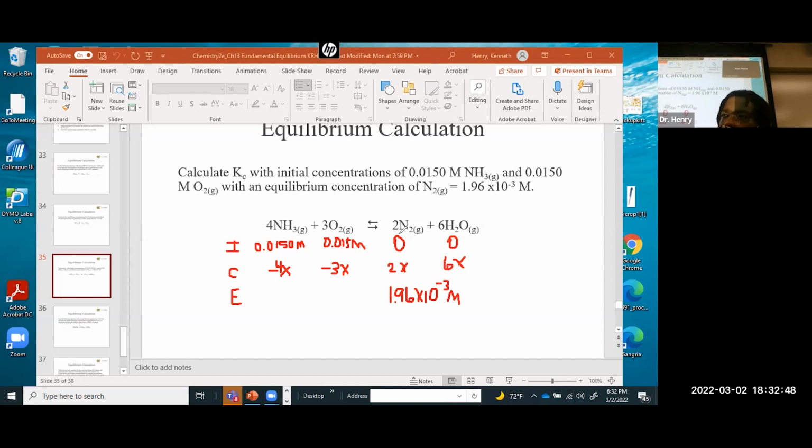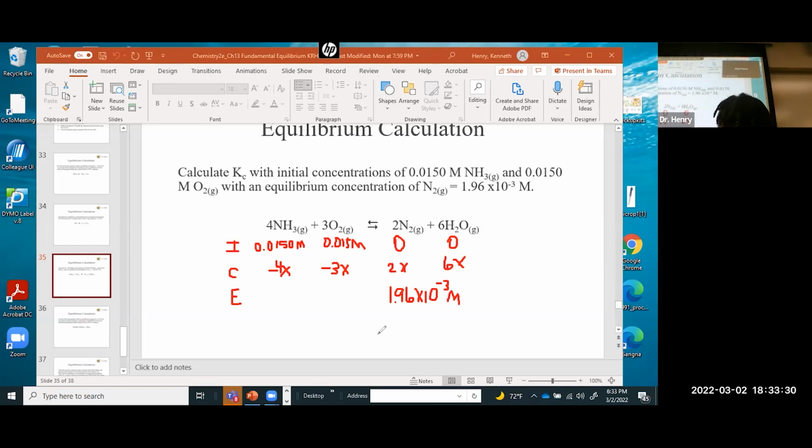Whatever x is, we just have to adjust all of the molar ratios based upon that. If we had done the same thing over here, then this guy would be 3 over 2, and then this guy would be 3, right? Does that make sense? Because we have to take into consideration the molar ratio.